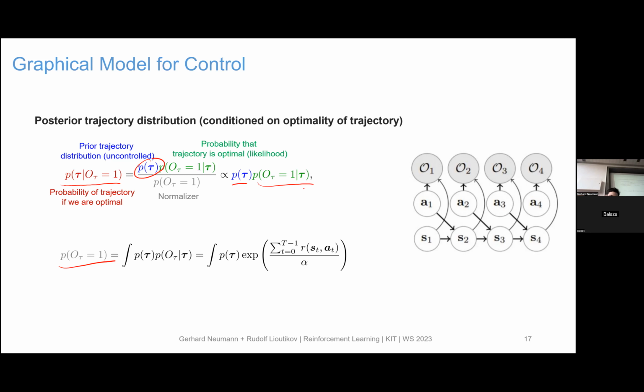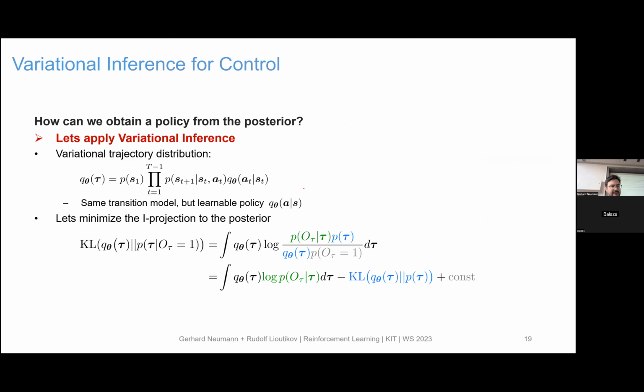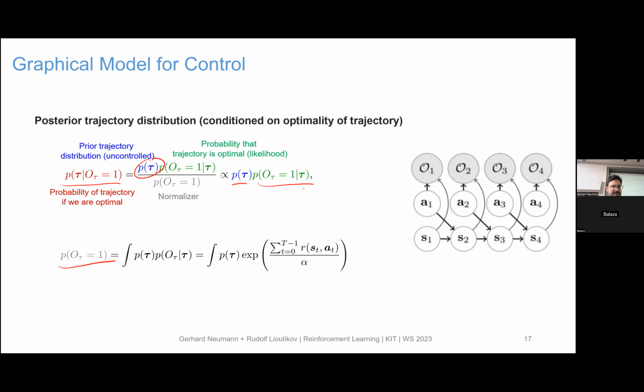And if we have formalized it in this way, we now know basically the target distribution, which is the posterior of trajectories conditioned on being optimal, having a little bit this fake optimality event.